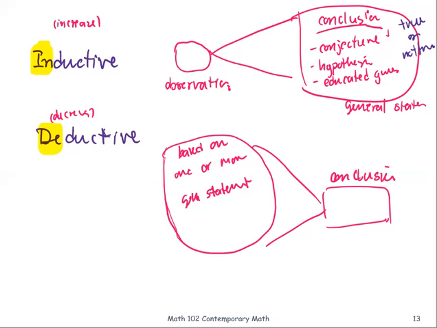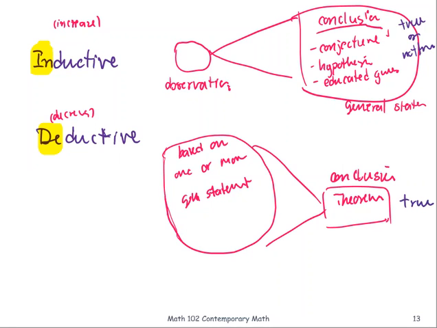The conclusion for deductive reasoning is called the theorem, and this conclusion is always true.